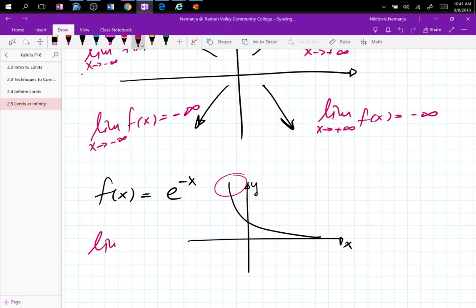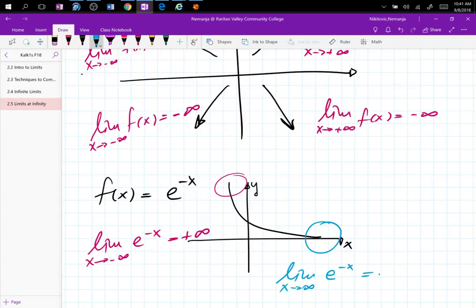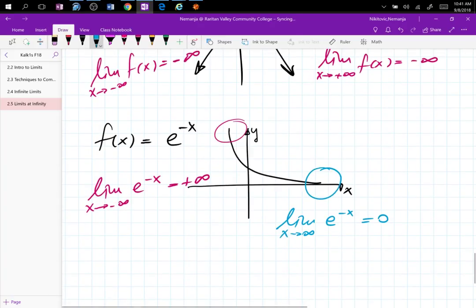At the red end, the limit of e to the negative x as x goes to negative infinity is positive infinity. That is the end behavior, showing that as you go forever negative, the y value will go to positive infinity. And then we have the blue end on the other side, which is actually the asymptote, because the limit as x goes to infinity of e to the negative x is equal to 0, which implies HA at y equals 0.